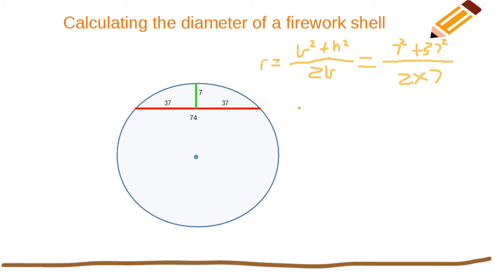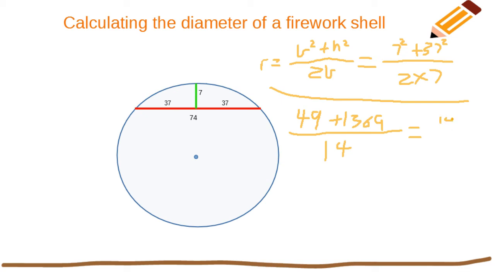Now if we work this out, that equals 49 plus the square of 37, which is 1,369. And then we also have to put that over what 2 times 7 equals, which is 14. Now, if we add that together, this equals 1,418 over 14.